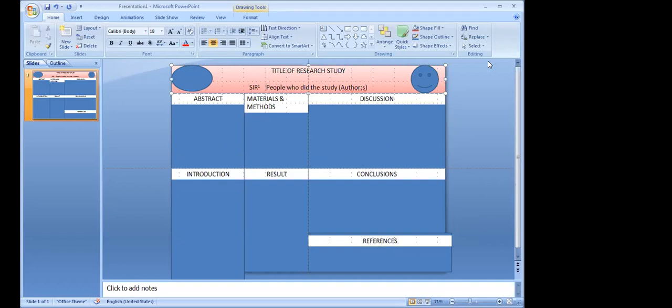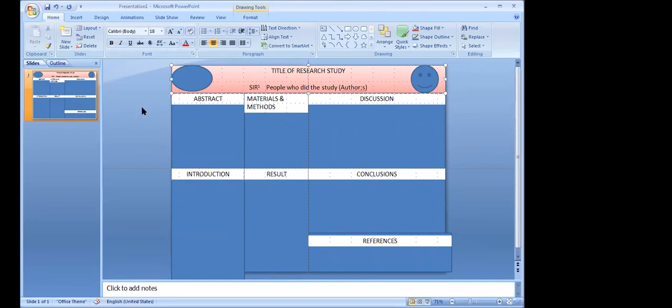You can do the same thing for biochemical practicals. I'm focusing on graphical presentation because it is much easier for whoever reads this poster.